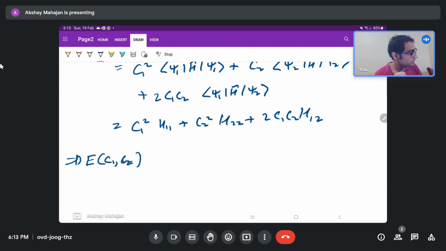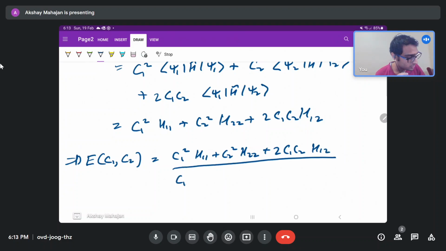That will be given as C1 square H11 plus C2 square H22 plus 2 C1 C2 H12, divided by C1 square S11 plus C2 square S22 plus 2 C1 C2 S12.